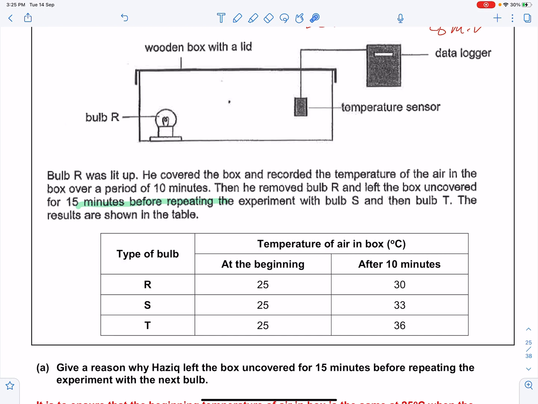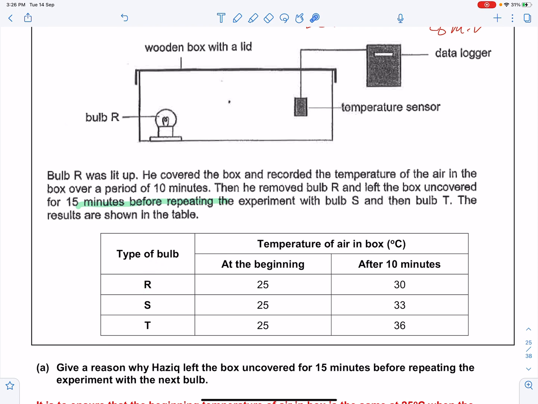Now, think about it. Remember the whole idea of conducting an experiment is to make sure the experiment is fair. So your starting point must be the same. So in this case, what are they measuring? They're measuring temperature. So if I tested bulb R first, and then immediately after bulb R, I put in bulb S, my question is, are you sure that bulb S results are solely due to bulb S and not because of bulb R?